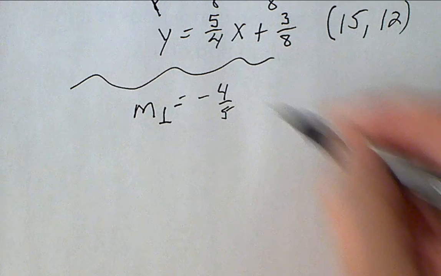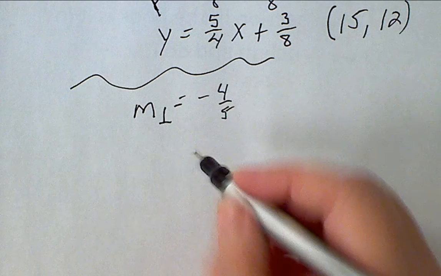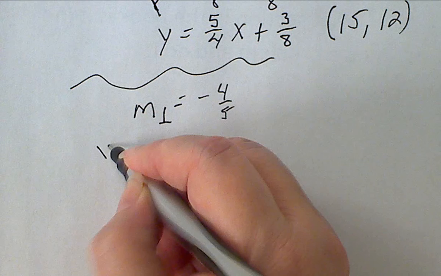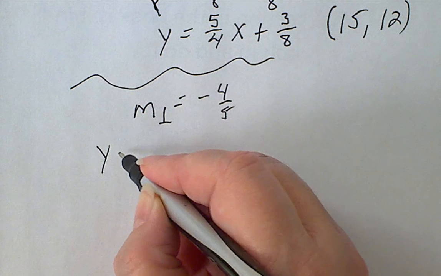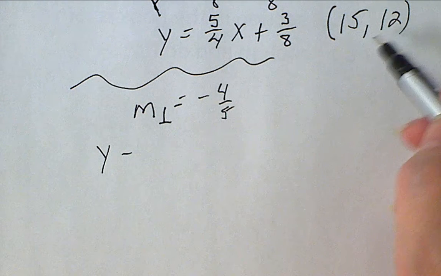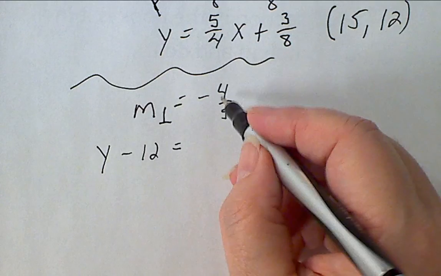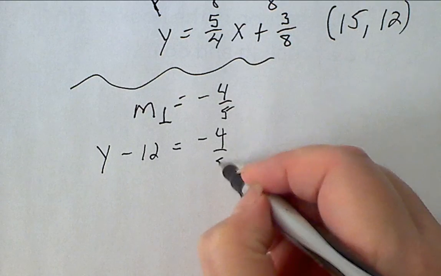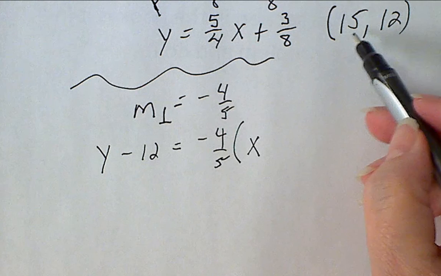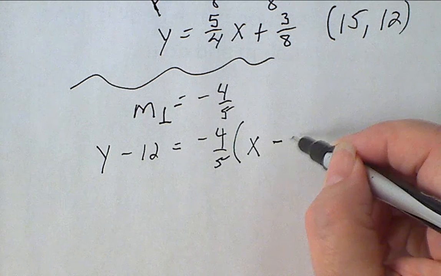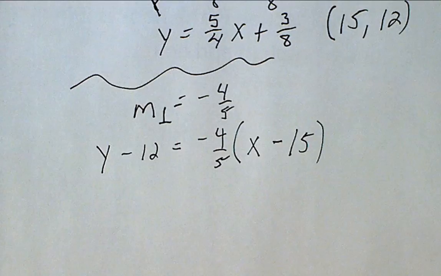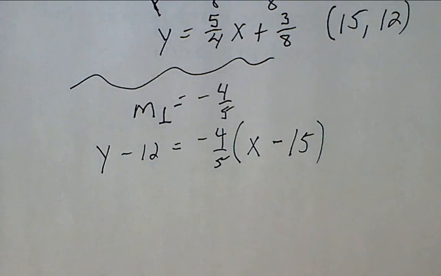So our equation we have is y minus my y value, so we have 12, so it's minus 12, is equal to my slope, negative 4/5, parenthesis x, my x value is 15. And last step is we have to distribute. So I want to distribute.